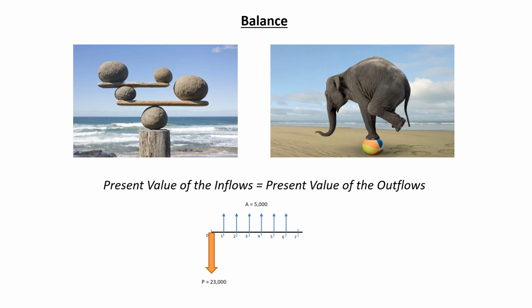So 30,000 does not equal 23,000, but the effective interest means that these future payments are worth less than $5,000 in the present if it's being discounted at some interest rate. So what we would need to find in a lot of cases is, what is the interest rate that would cause these inflows to be equal to this outflow when you discount the future amounts at the interest rate?